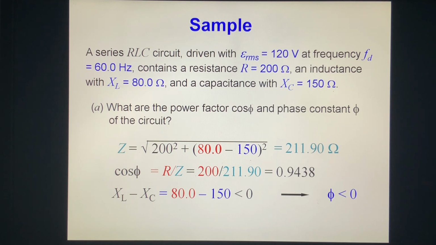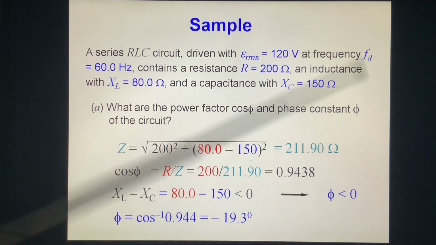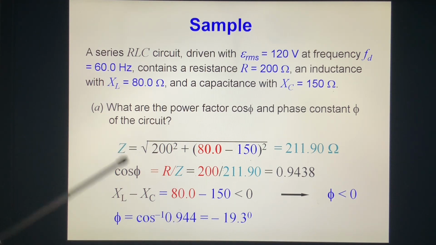Cosine phi alone could give two answers, so why do we get a negative phi? We judge from here: XL is smaller than XC, so the circuit is capacitive. That's why phi must be smaller than 0. Only from this you could have two answers, but we pick the negative one because it is capacitive, XC larger than XL.